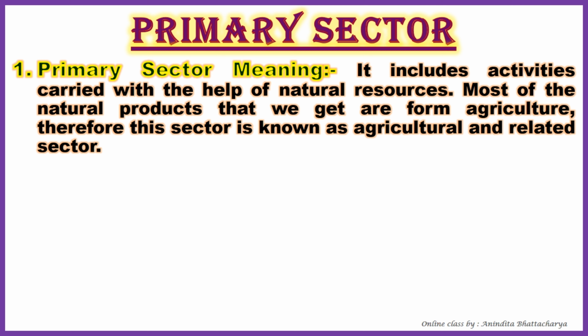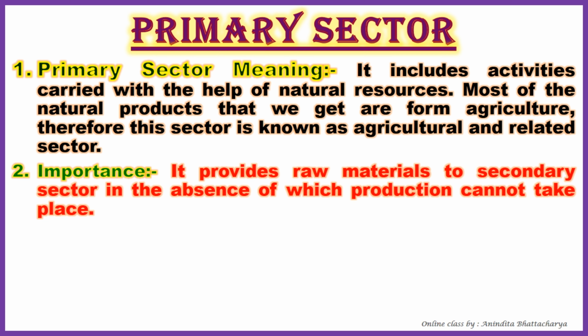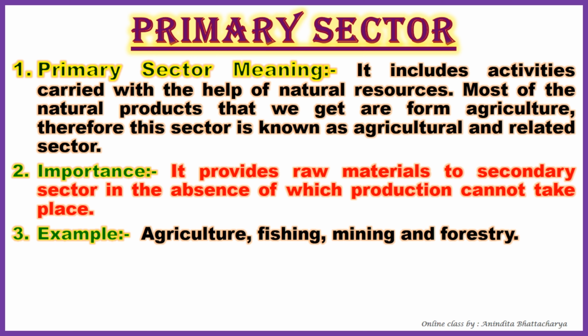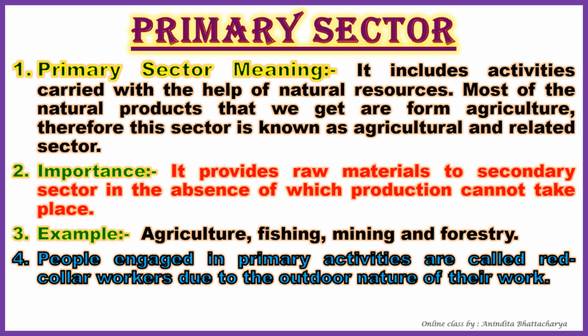Most of the natural products that we get are from agriculture, so this sector is also known as the agricultural and related sector. Importance: it provides raw materials to the secondary sector, in the absence of which production cannot take place. Examples: agriculture, fishing, mining and forestry, or we can say dairy also. People engaged in primary activities are called red collar workers due to the outdoor nature of their work.